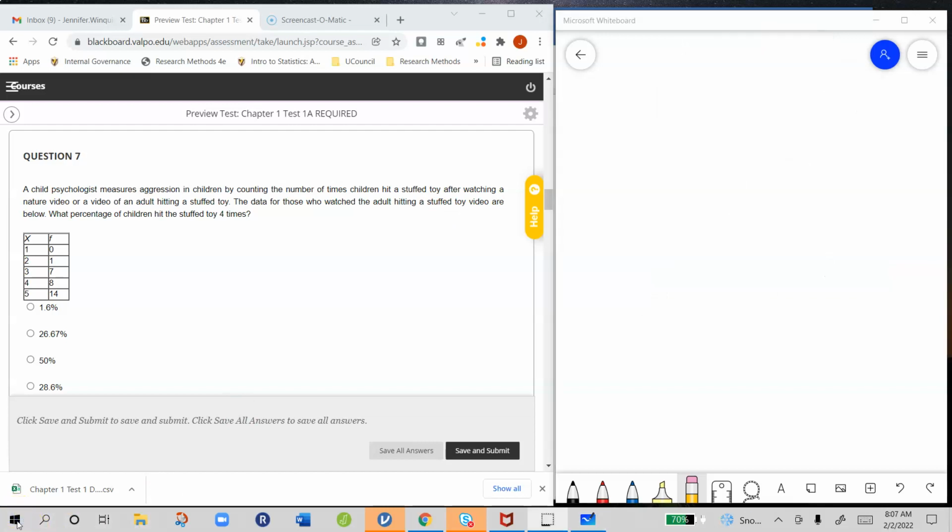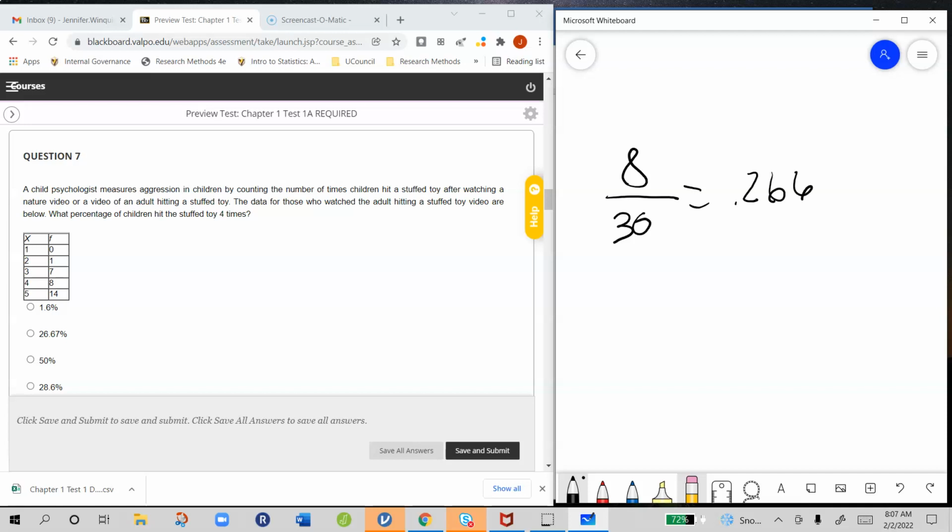If we're looking at the number of kids who hit the toy 4 times, it's 8. So we have 8 kids that hit the doll 4 times, and there were a total of 30 kids. What you're going to need to do is just divide. So you take 8 divided by 30, and that gives you 0.266.